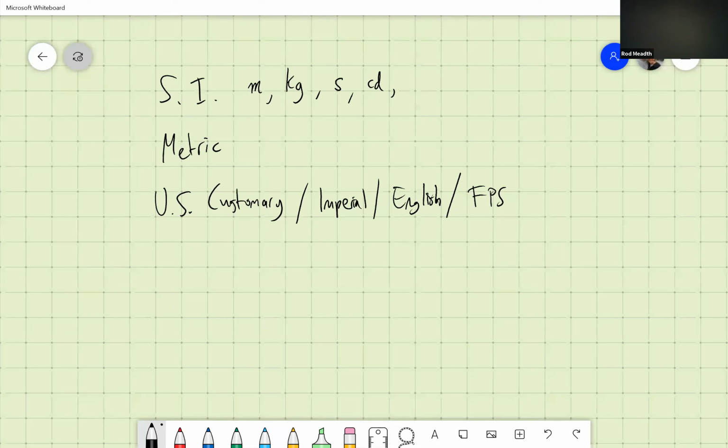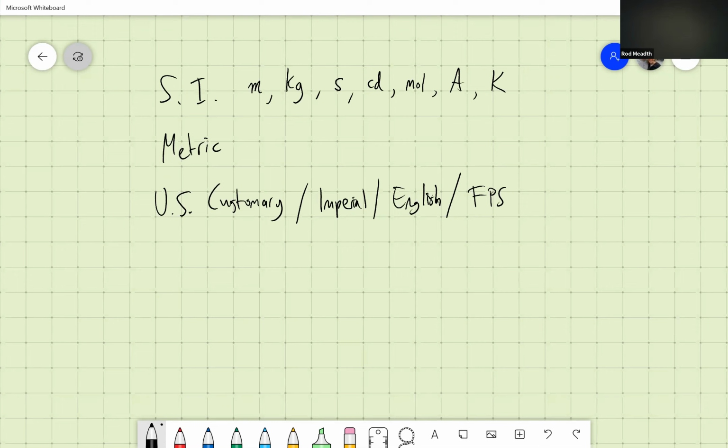We measure the number of things with the mole, lowercase mol. And we measure electric current in amps or amperes, which is a capital A. And we measure temperature in Kelvin, capital K. Okay, that was meters, kilograms, seconds, candela, moles, amperes or amps, and Kelvin.